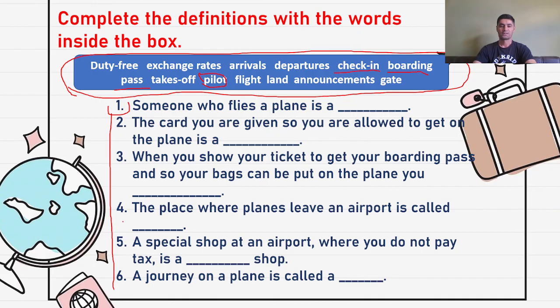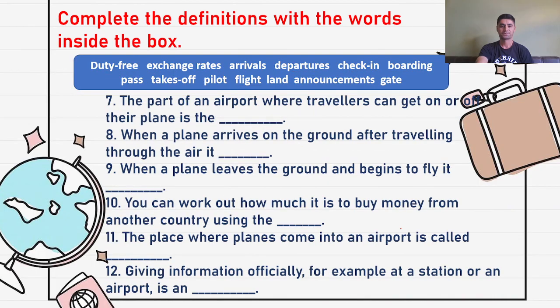Correct. Next, number 4. The place where planes leave an airport is called departures. Correct. Number 5. A special shop at an airport where you don't need to pay tax is a duty-free shop. Correct. Number 6. A journey on a plane is called a flight. Wonderful. Great. Well done. Now let's move on to the next page.